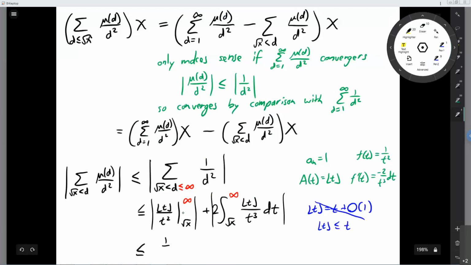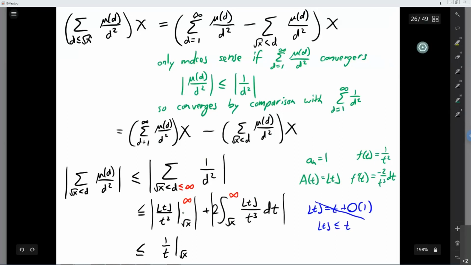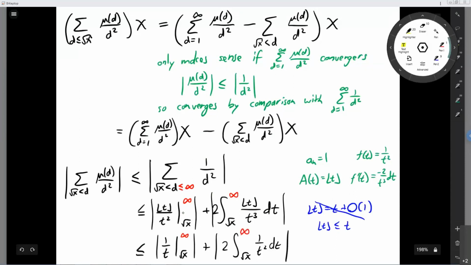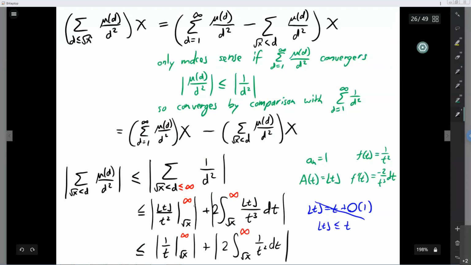So in the limit, we'll have upper bounds that look like this plus this, getting rid of the floor function of t by bounding it above by one copy of t, essentially saying that you're getting rid of one copy of t on both of these denominators. 1 over t, if you take the limit as it goes to infinity, that gives you 0.